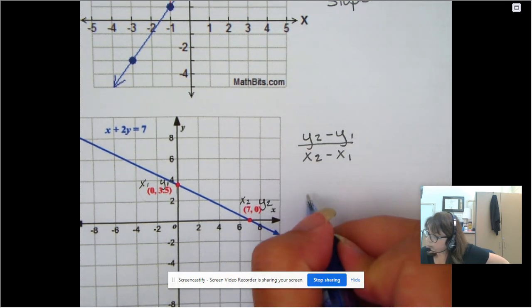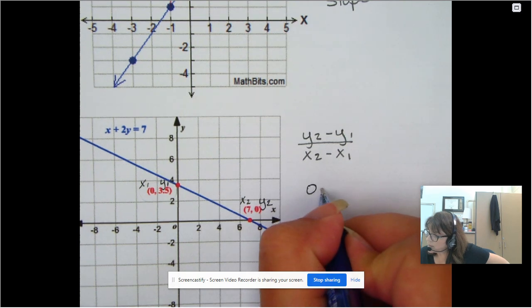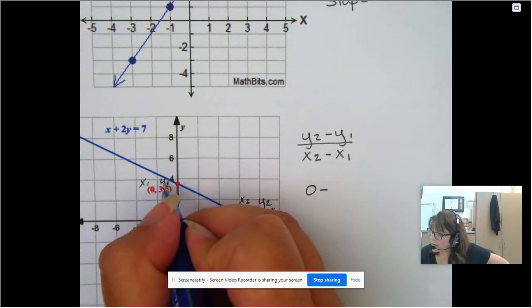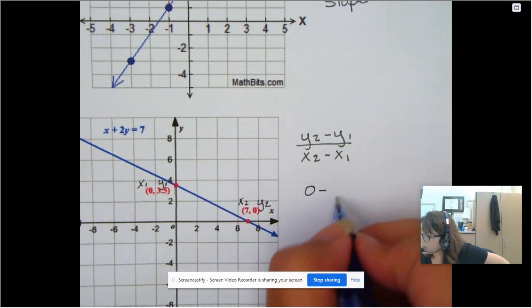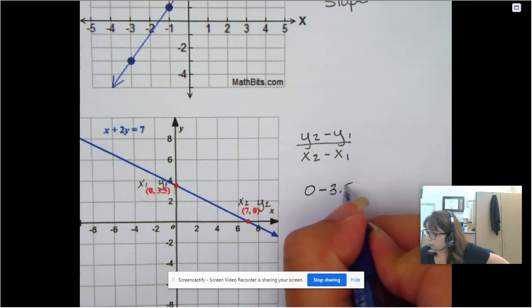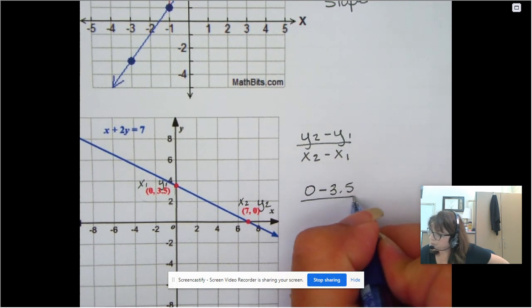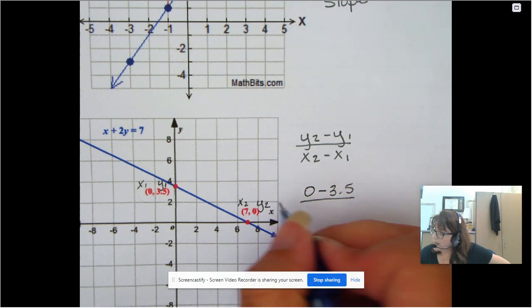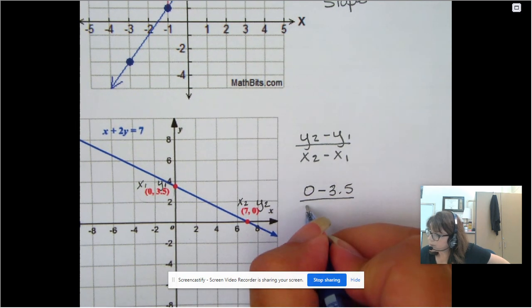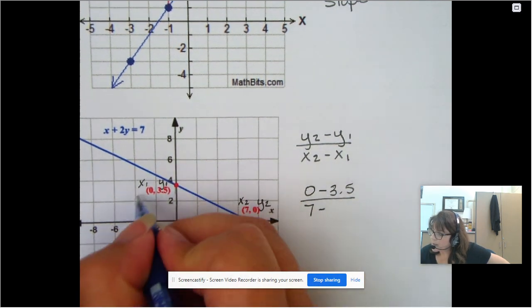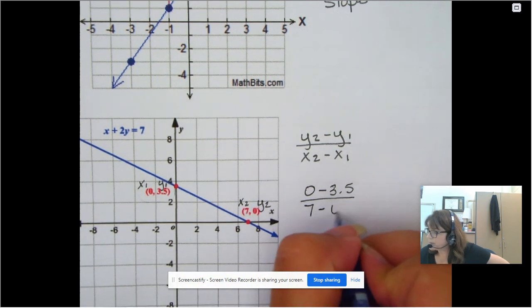So y2 is 0. 0 minus y1 is 3.5. x2 is 7. x1 is 0.